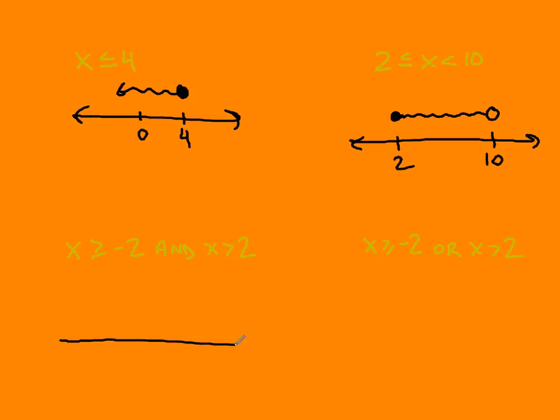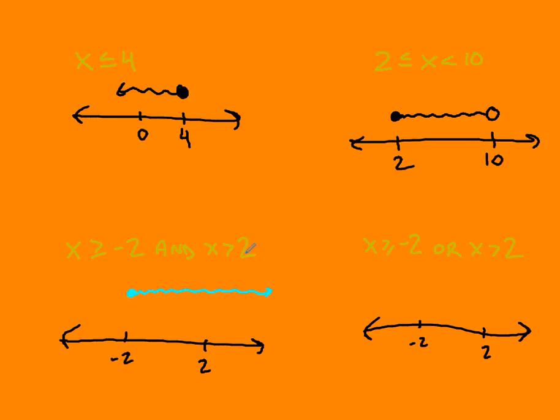Now, these ones that are separate statements are going to be a little bit more complicated or cumbersome. Here's what we're going to do. First, I'm going to plot the two numbers that I have, 2 and -2. I have that actually for both of these cases. But for this one, I want x is bigger than or equal to -2. So that means I'd be shading kind of like this.